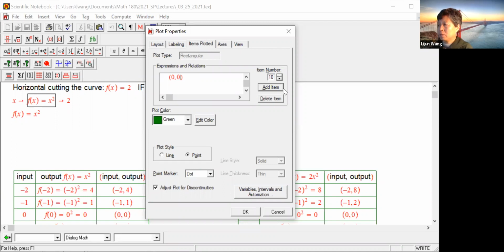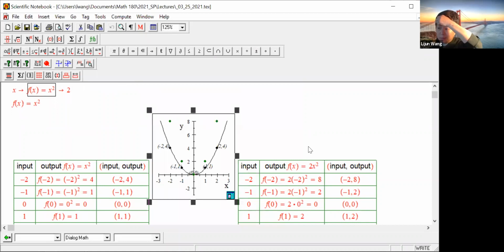Okay. So 2 more points. 1, 2. 2, 8. So I got my green dots. Did you get them like that? Yeah.